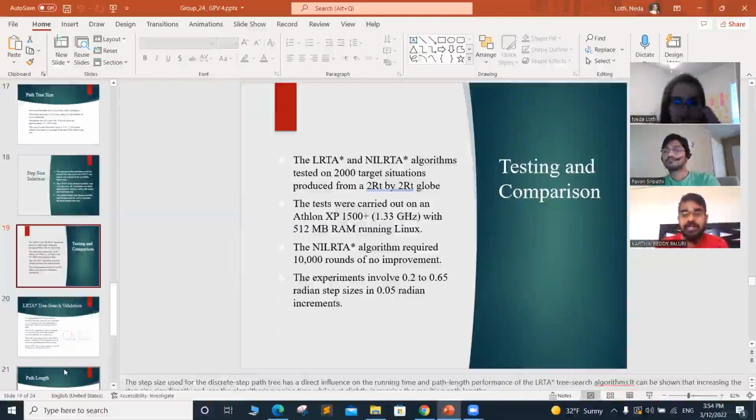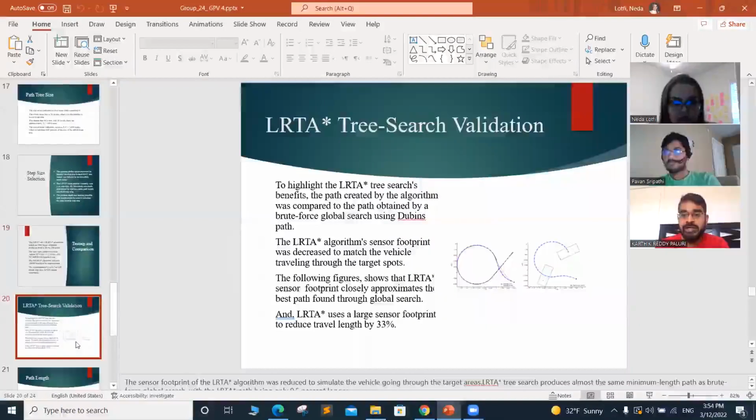The NLRTA algorithm requires 10,000 rounds of no improvement. The experiments involve 0.2 to 0.65 radian step sizes in 0.05 radian increments.